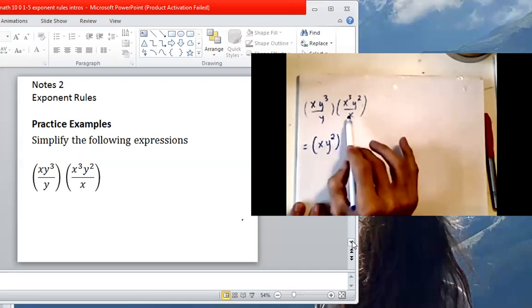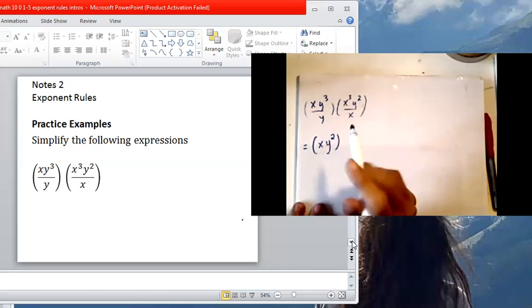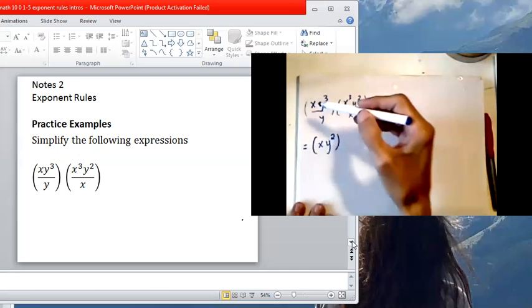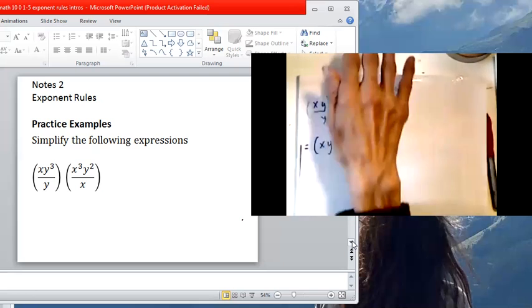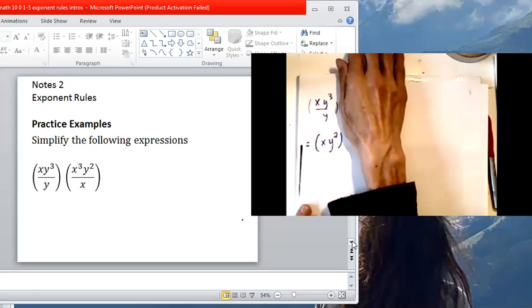It's a pretty big question. Top, bottom, multiplied. So we take a look at the first bracket only, at this one. We've got y cubed on the top and y on the bottom. Because we're dividing, the exponents subtract.